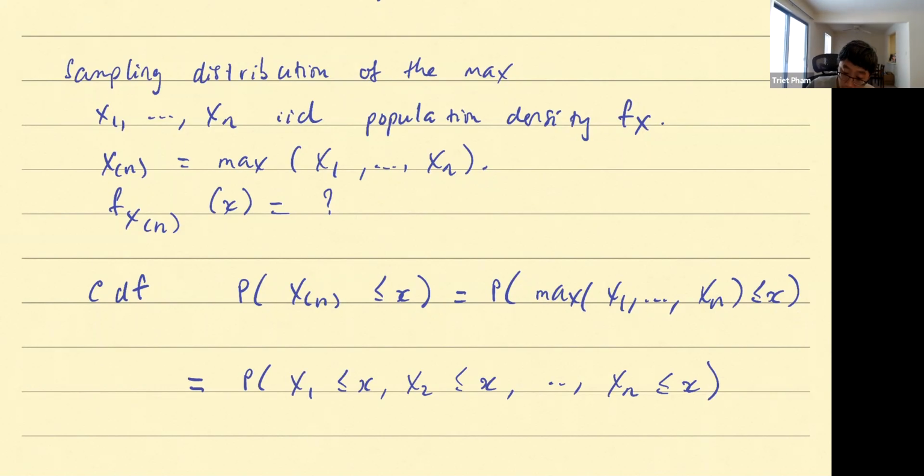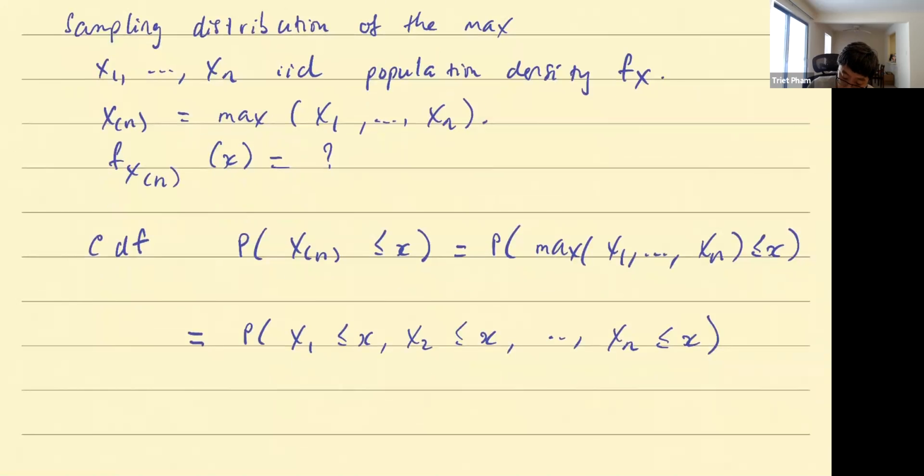Now you note that this is AND: this and this and this. So by independence, that will be the product. But notice the crux move where you rely on the max to get down to the logical statement.